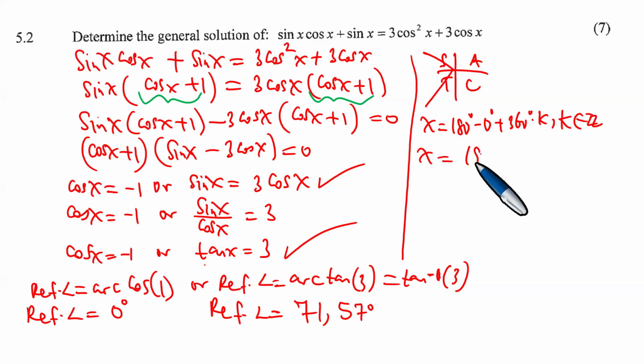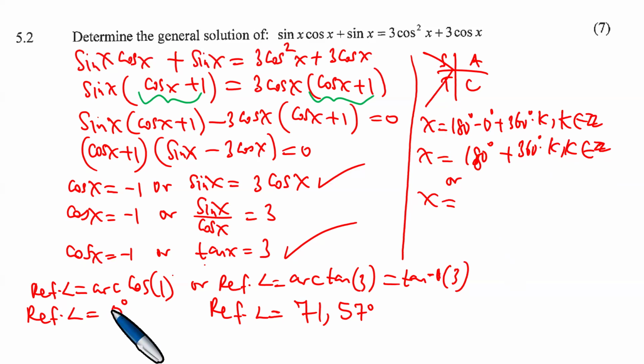And this gives us 180 degrees plus 360 degrees times k, k in Z. Or we can also find another angle in the third quadrant, but it's the same because the reference angle is 0.